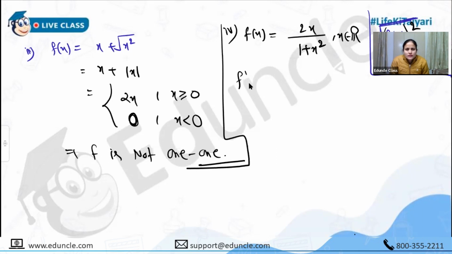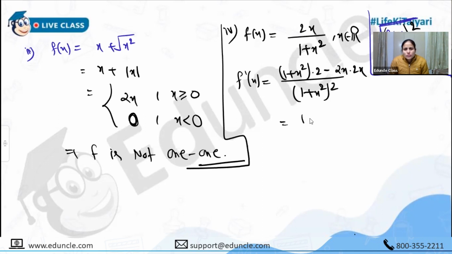So let's take the derivative. So f dash x is 1 plus x square to the whole square, keeping 1 plus x square as it is, and taking derivative of twice x, which is this, minus keeping this as it is, and I am getting twice x. So 2 plus 2x square minus 4x square divided by 1 plus x square to the whole square.